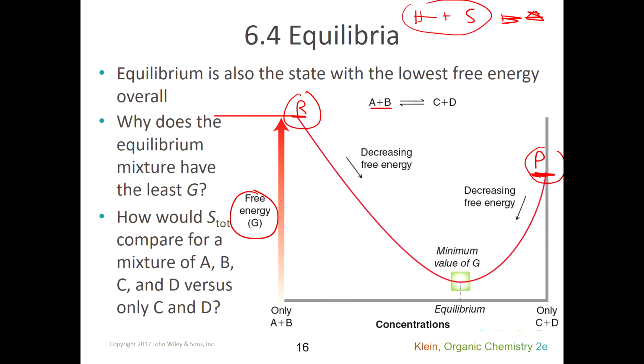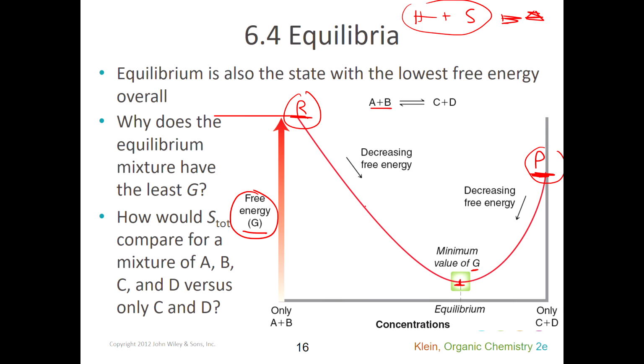If the products have lower free energy than the reactants, it's because they're either more stable or they have more variety or some combination of the two. Maybe they're not more stable, maybe they're less stable, but they have so much more variety that overall they have less free energy. There will be a point though that has even less free energy, and that's the minimum amount of free energy that the system can reach.